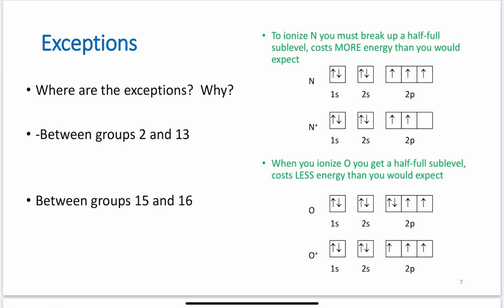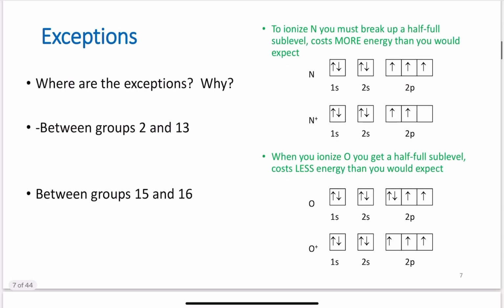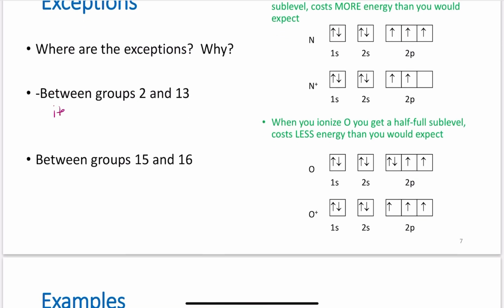We do have some exceptions, and I mentioned this before. So why do we have exceptions? Well, we have exceptions between groups 2 and 3 and groups 15 and 16. Between groups 2 and 3, it's easier to remove a higher energy p electron than a lower energy s.